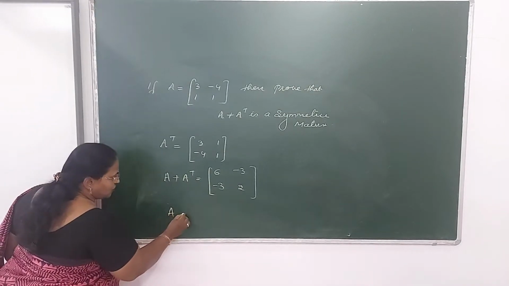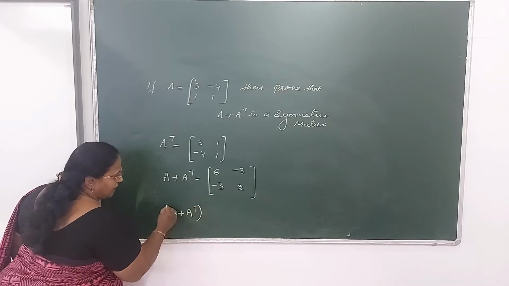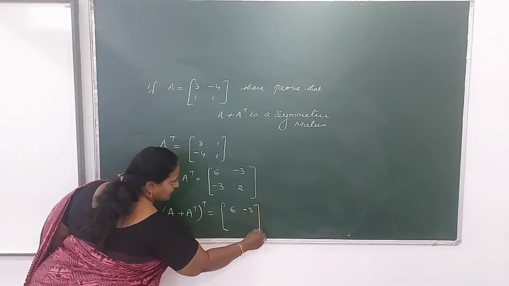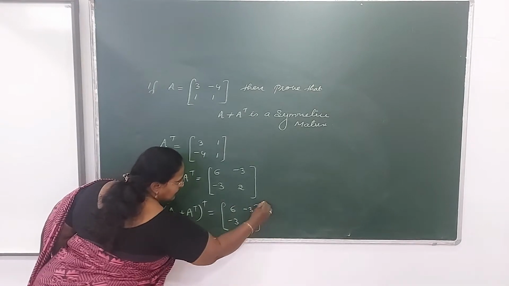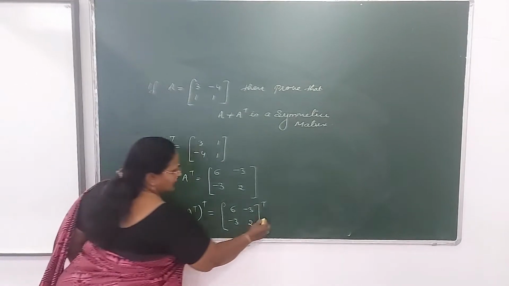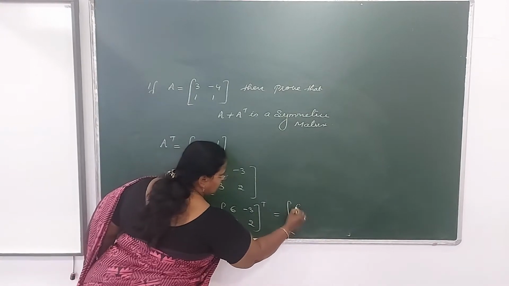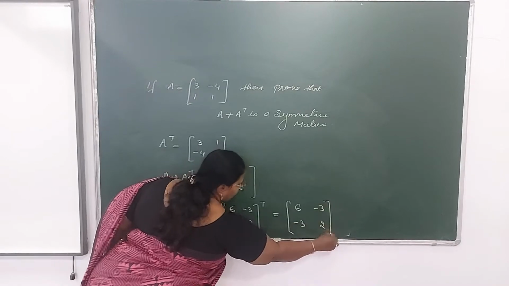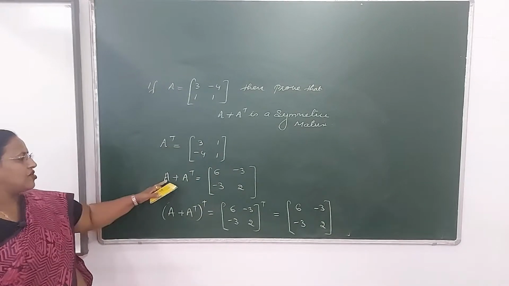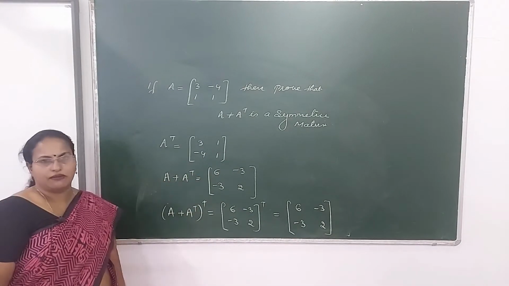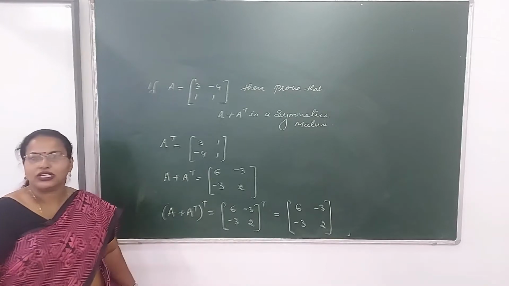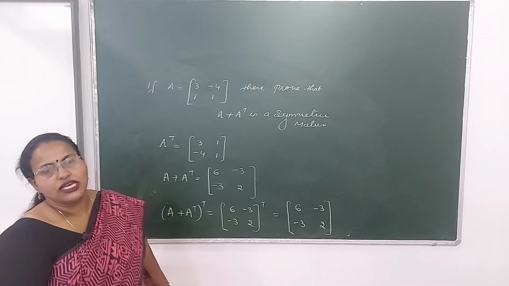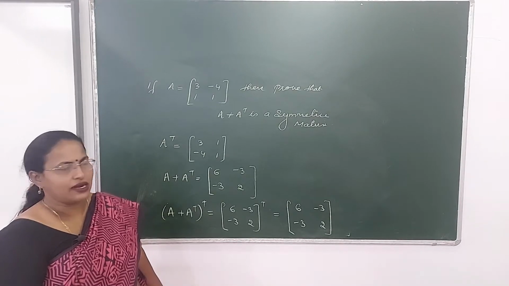The transpose is 6, -3, -3, 2. Now check it. The transpose of the given matrix is the same. So we reach the conclusion that A plus A transpose is a symmetric matrix.